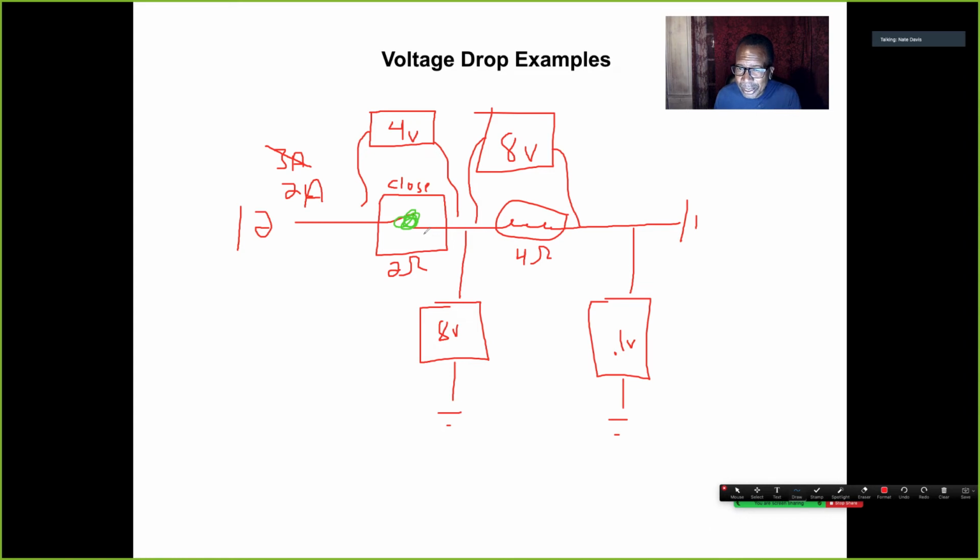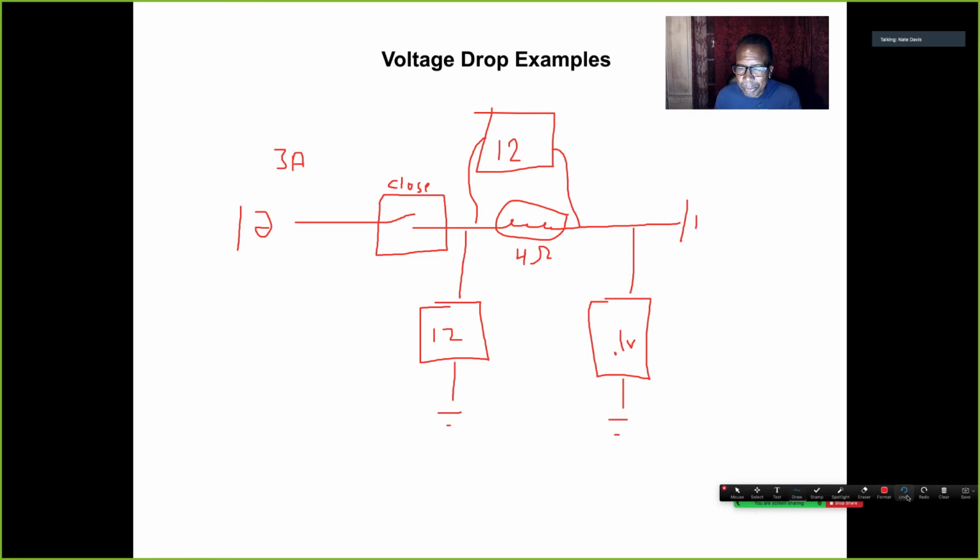Now that's the feed side circuit. But guess what? It can be the same problem. Let's go back. We start with the good circuit again.